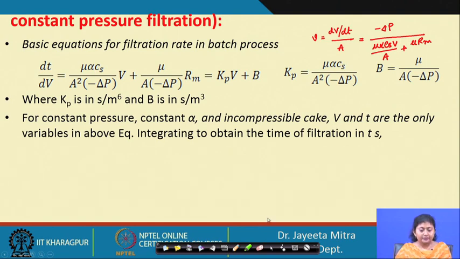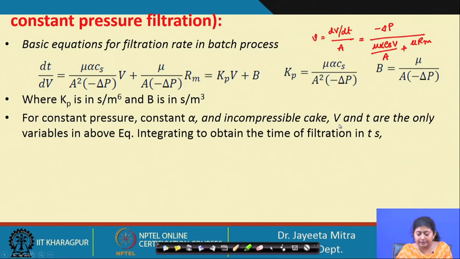Now, for constant pressure, we need to have constant alpha, that is specific cake resistance, and an incompressible cake, because if it is compressible then obviously the pressure will not be constant. So, that is why we consider an incompressible cake.